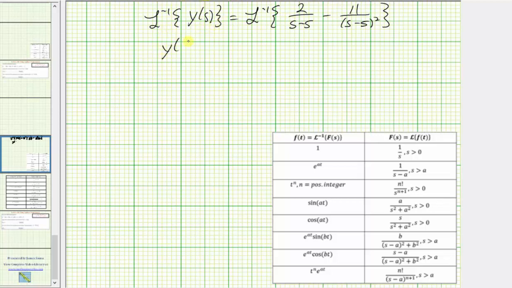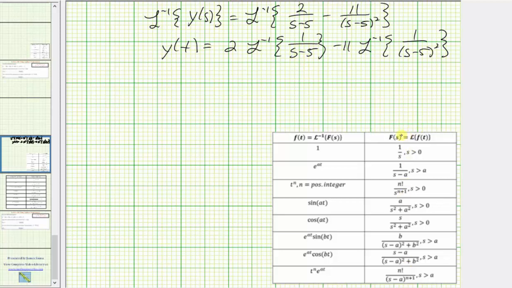So we have y of t equals, let's rewrite the right side using properties of inverse Laplace transforms as 2 times the inverse Laplace transform of, because we factored out the 2, this would now be 1 over the quantity s minus 5, and then minus 11 times the inverse Laplace transform of 1 over the quantity s minus 5 squared.